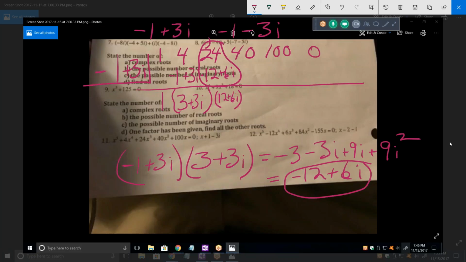Now, we could spend 20 minutes finishing this problem. We don't have 20 minutes, so let's just talk about what we're going to do. First of all, what's the remainder going to be? 0. Yes, has to be. If this is a factor, and they've told us that that is a factor.